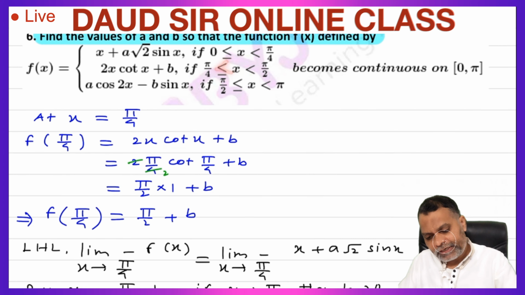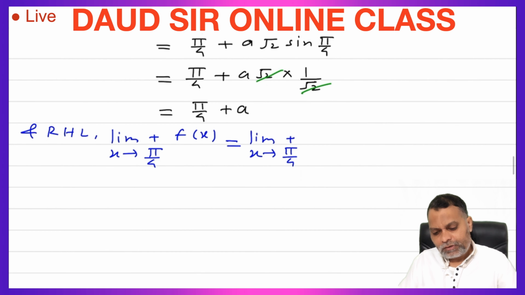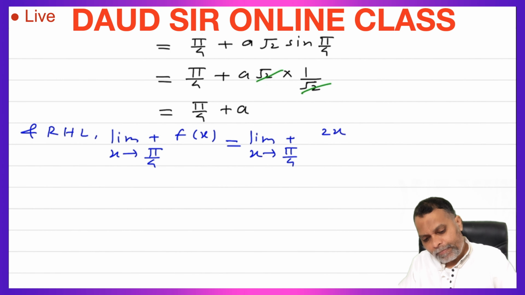Here x is greater than pi by 4 for this function, so take 2x cot x plus b.